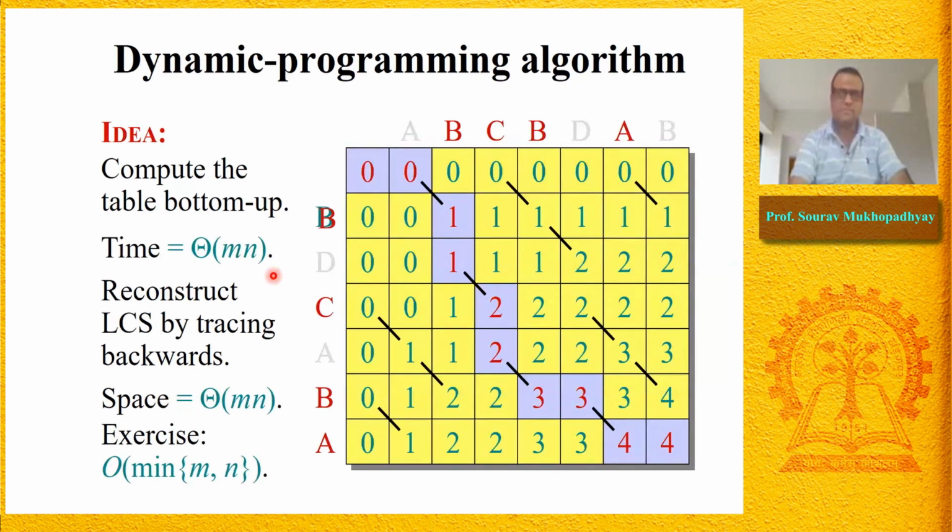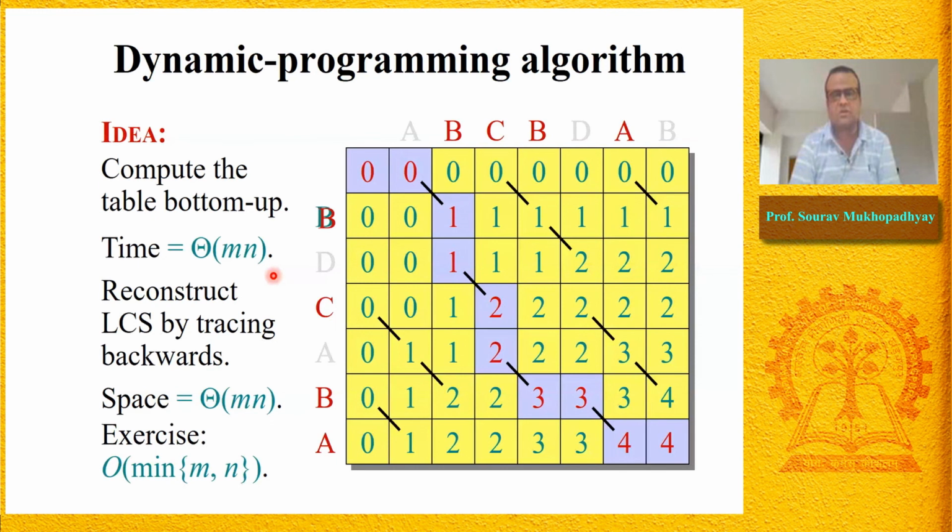Sir, we constructed the table in time of order m into n, but when we reconstruct or backtrack it to find the actual longest common sequence, it will also take some time. But if we can store this backtracking information, we can save that time, right? Because if the length is k, that will be order of k. You are correct, for backtracking it will take some time, yes.